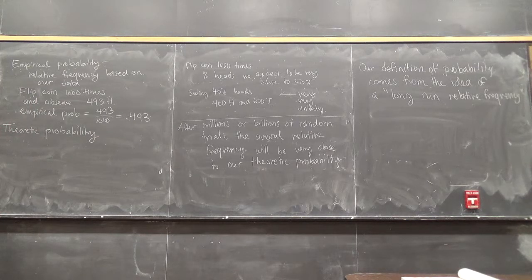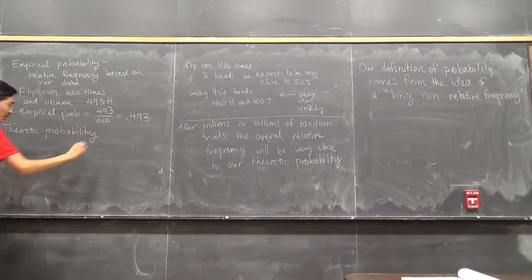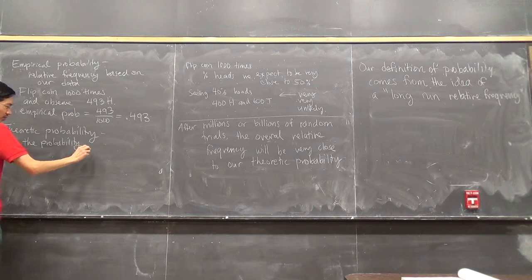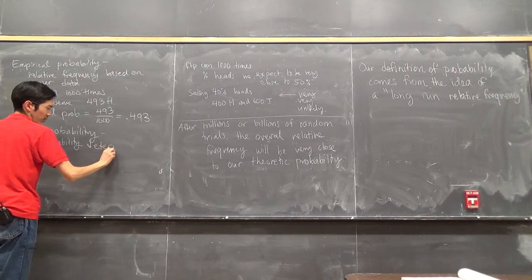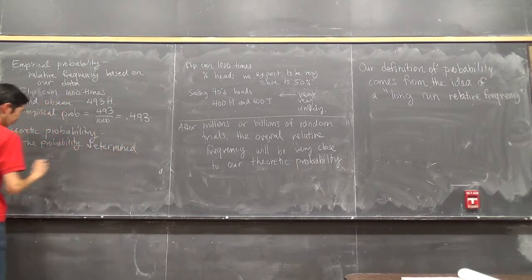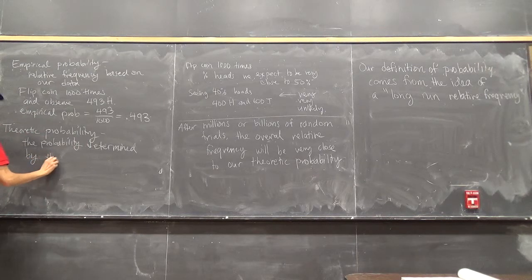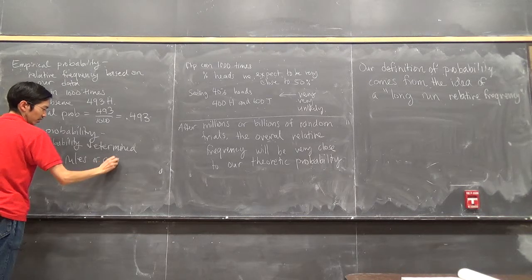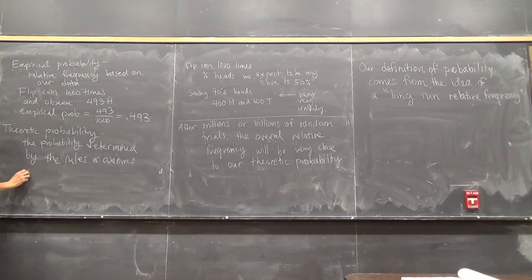Okay. The theoretic probability, on the other hand, is the probability as determined by the rules of probability. Okay. By the rules or axioms of probability.